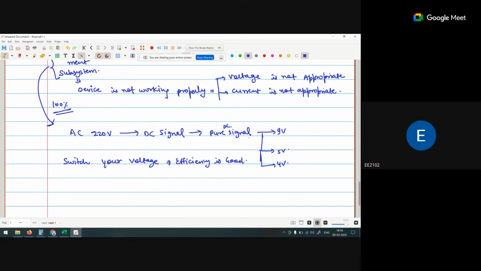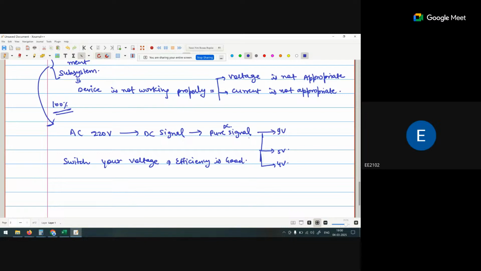What is the meaning of efficiency? Sometimes your device is not working. If that particular part is not working, it will reduce the consumption of that part. Similarly, if I take a mobile phone, every time my mobile phone display is not working, the power required for the display will be cut down, so we can use the battery for a longer duration.